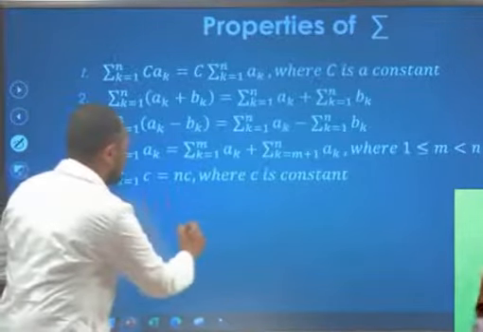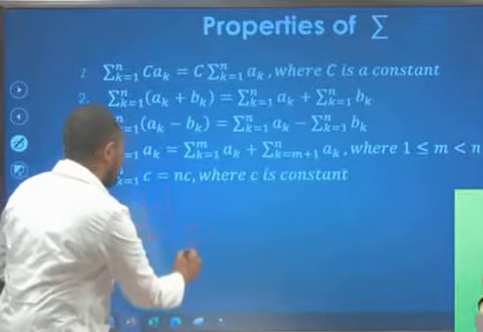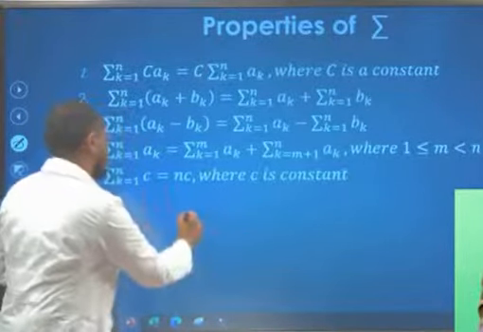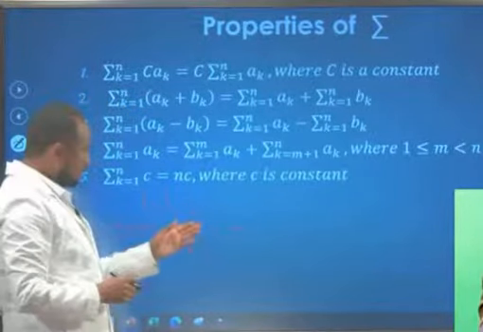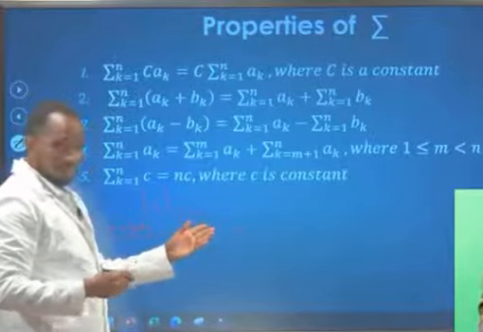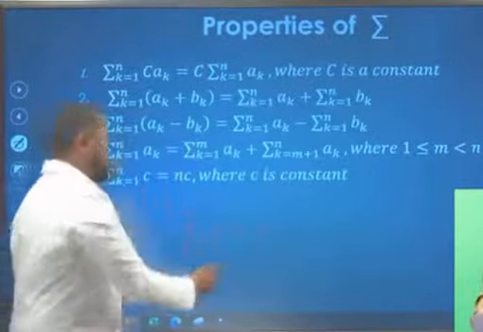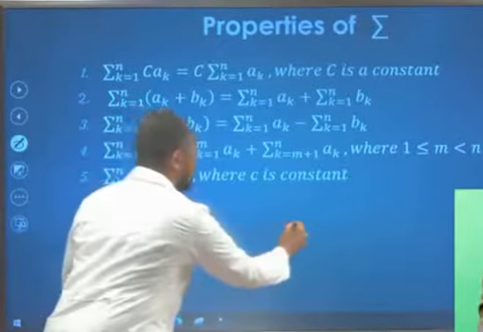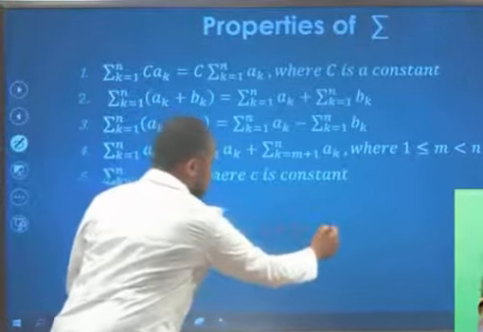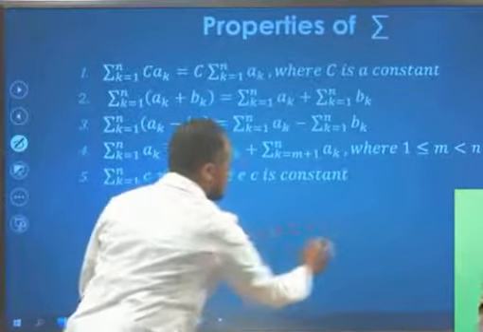The summation of c where K starts from 1 up to n is equal to the first term c, plus the second term c, plus the third term c, plus, up to the n's term, which is also c.